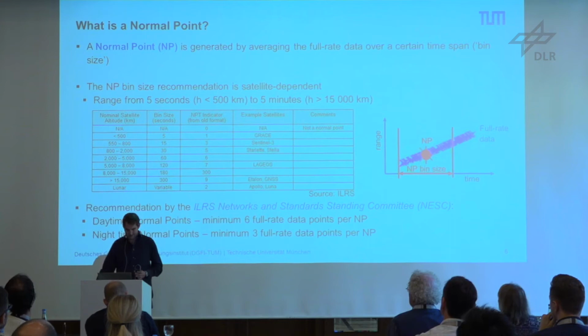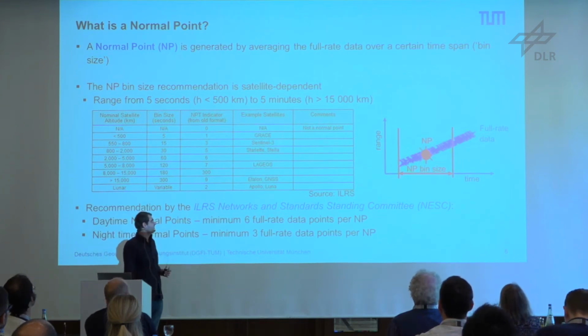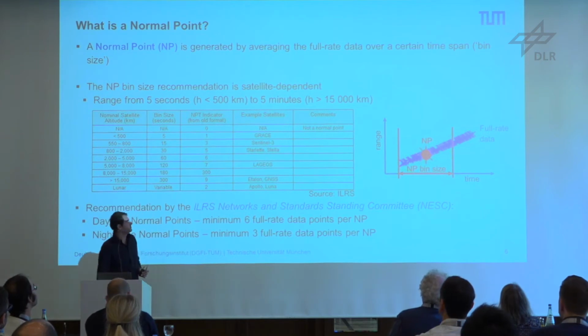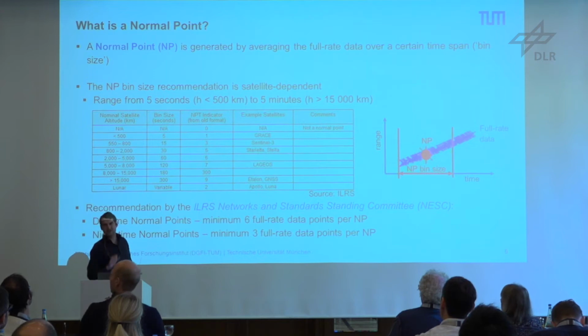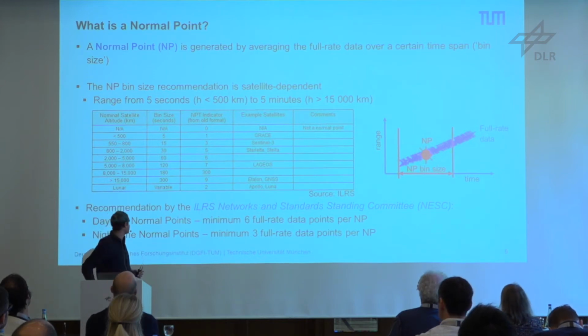On the right-hand side, you see an example for how such a normal point is calculated. So we take a part of the arc or the path which has been observed in full rate and generate a normal point which is basically in the center of our bin over which we average the data.